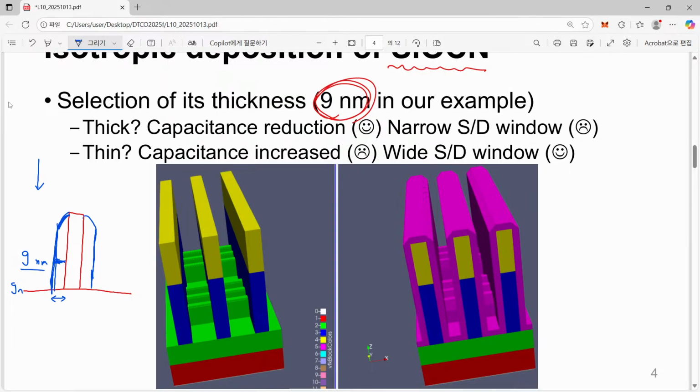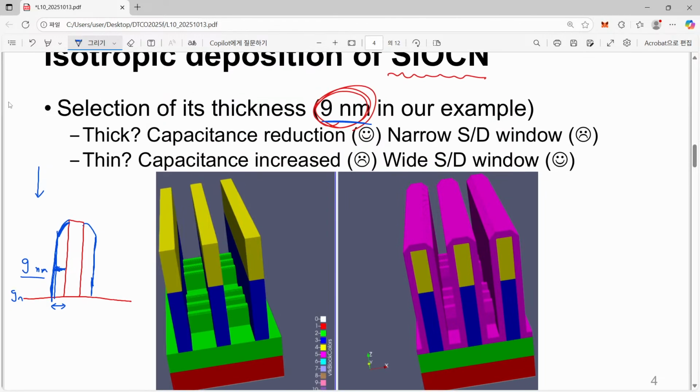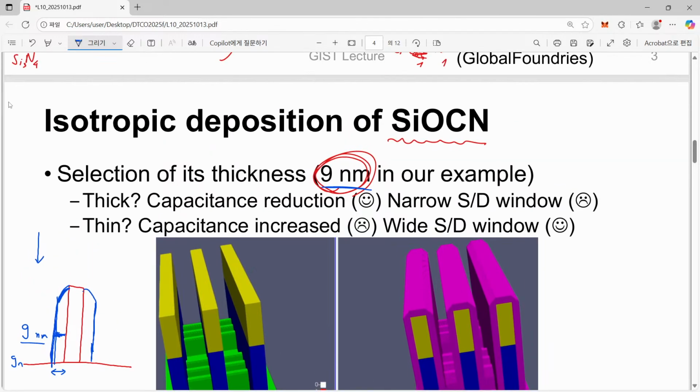So if we wanted to have a 9 nanometer thick spacer, then we have to do this 9 nanometer thick isotropic deposition.